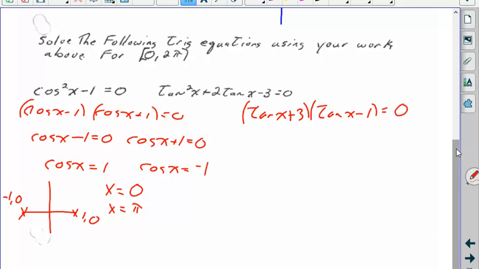So, first step, did your factoring. Okay, the only way that this equation, the way it's written, is going to equal 0 is if this factor is equal to 0, and that factor is equal to 0.